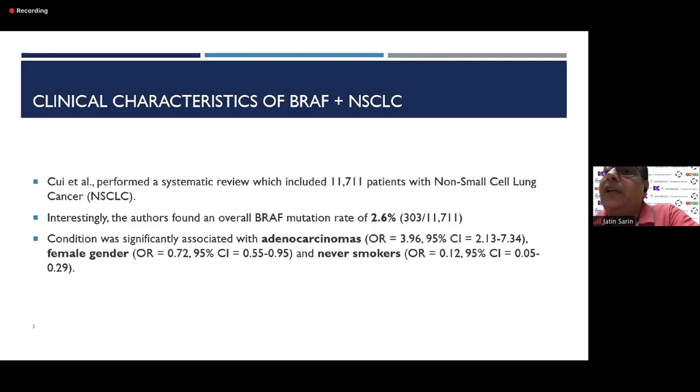So looking at the clinical characteristics, if you have listened to the lecture of Dr. Batra, do you think this particular case is a harbinger of a BRAF mutation?